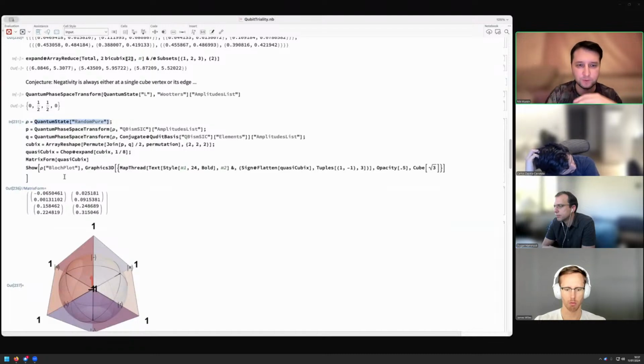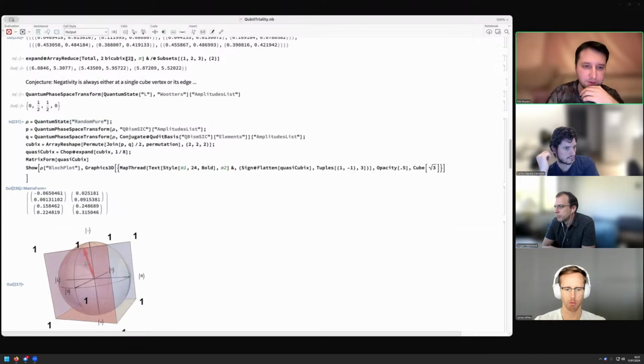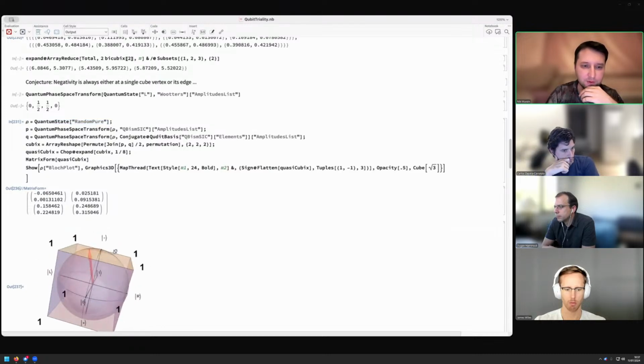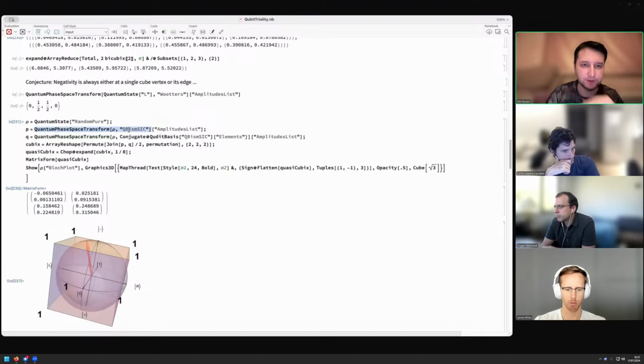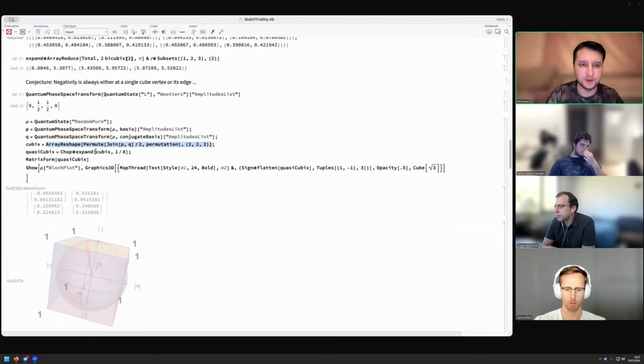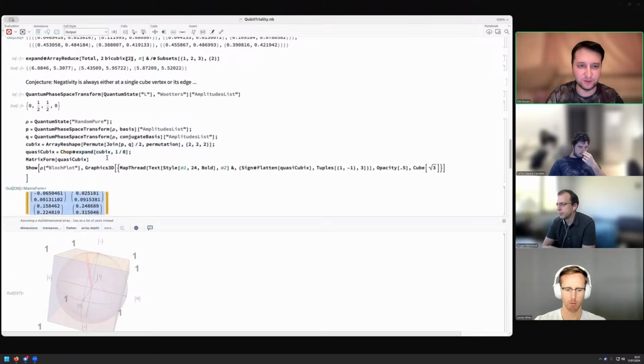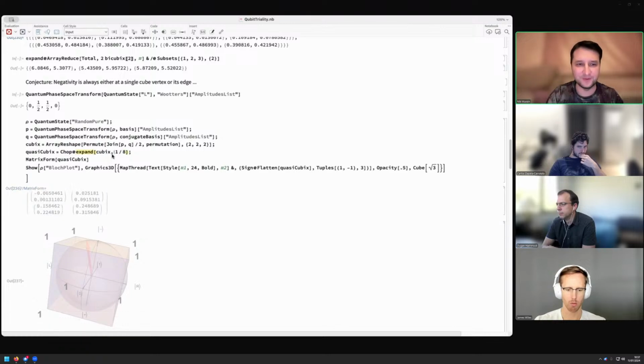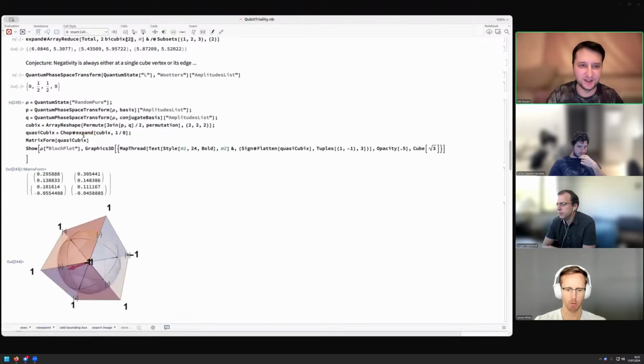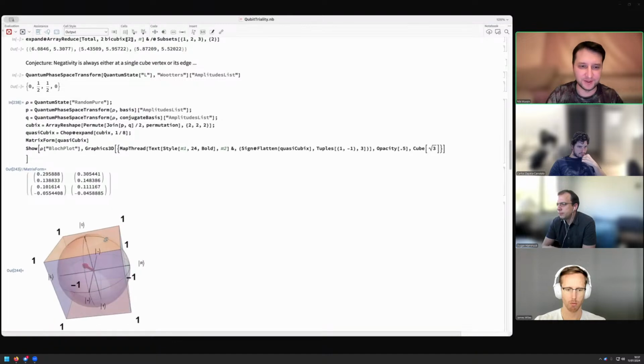Take a random state, maybe some arrow on the Bloch sphere. Compute its probabilities in one basis and in its conjugate basis. You make a Cubix out of it, you expand it to make this quasi-Cubix, which is this 2 by 2 by 2 by 2 by 2 by 2 tensor or array, and you plot it like this.